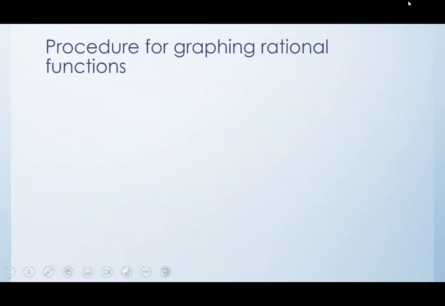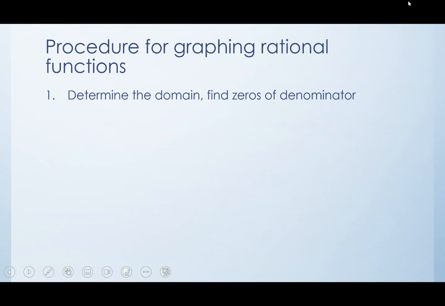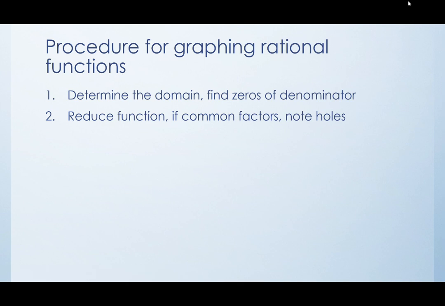And then this procedure for graphing, we've been doing this all along, right? Figure out the domain, find the zeros of the denominator, right? Find the zeros to determine the domain. If there's any common factors, reduce your function and make note because those are holes, right? Put in your vertical asymptotes.